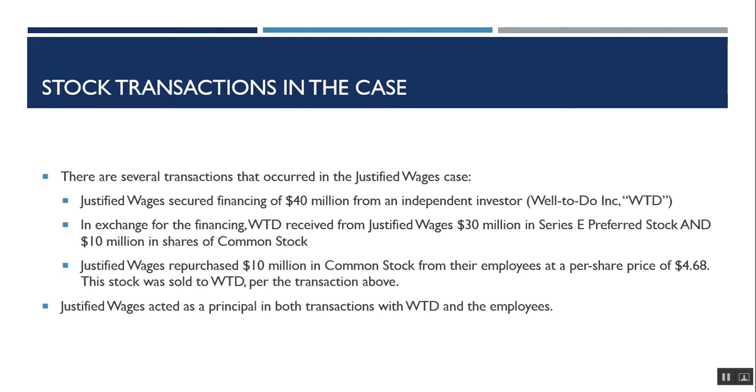So the $10 million that was repurchased from their employees is referred to as treasury stock. When a company previously issues stock and then buys it back, that is referred to as treasury stock. Justified Wages acted as a principal in both transactions with WTD and the employees.